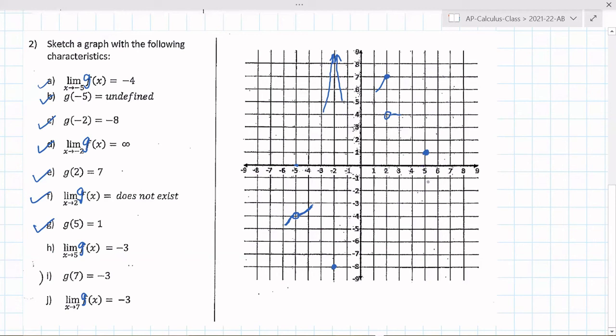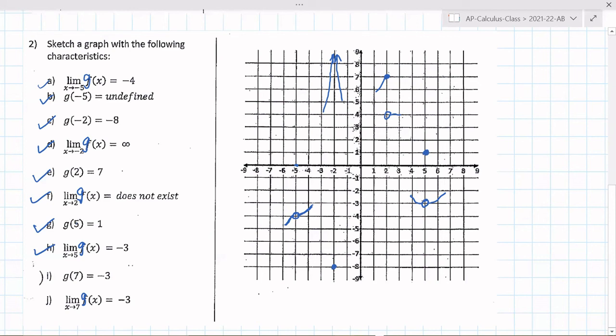So here, the limit is -3. So I could do something like that. But the value is here, so here I can make a hole. Because you cannot have two values. They already gave us the value as 1.